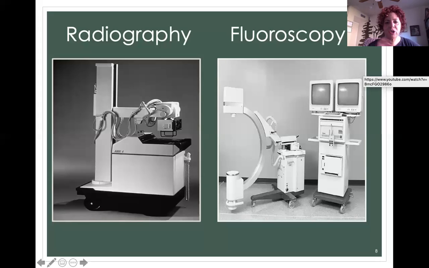So two different types of X-ray or imaging that we would see in the OR are these portable radiography machines. A lot of them are a lot more sophisticated than this picture that you see on the left, but it's a mobile machine.